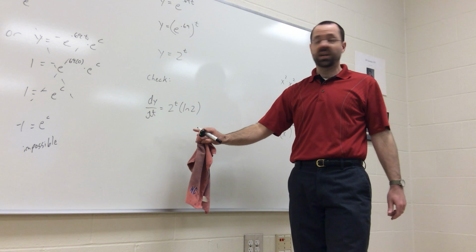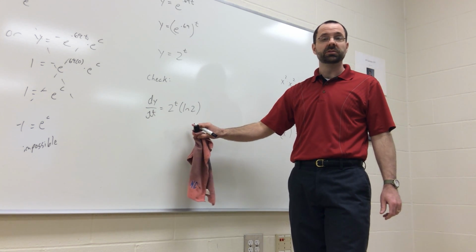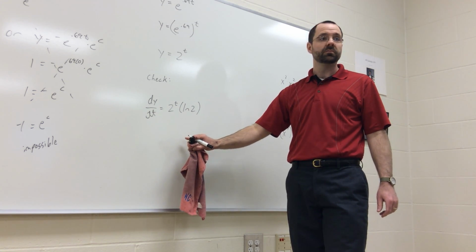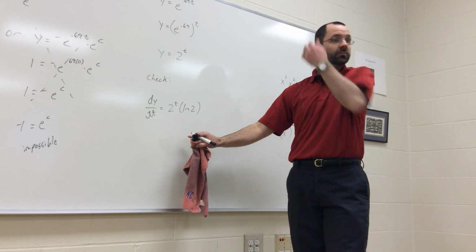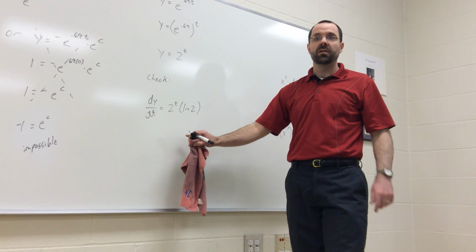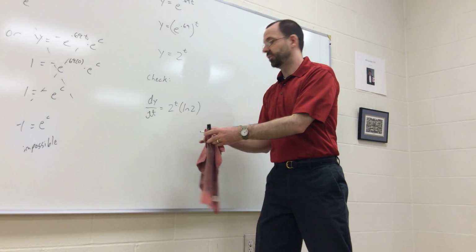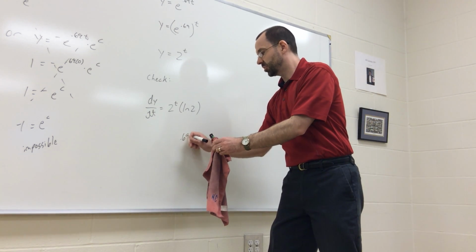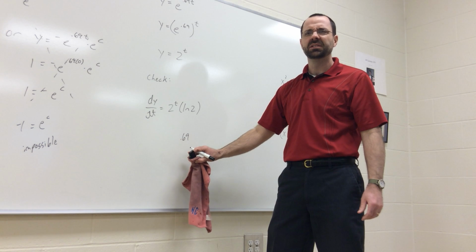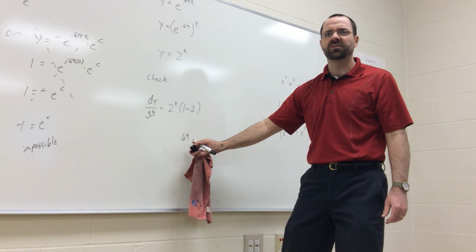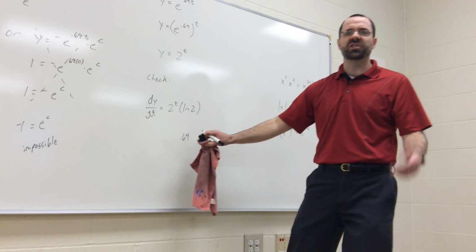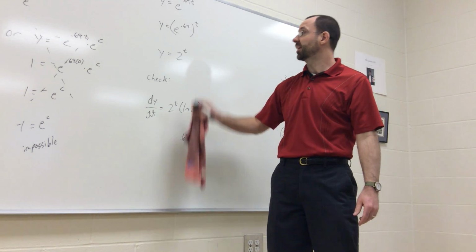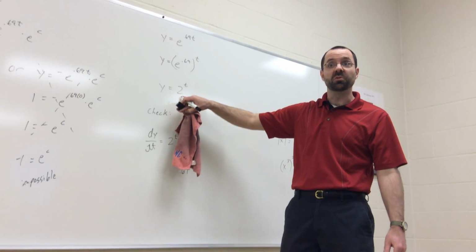Okay, so now, with your calculator, type natural log of 2. It's about 0.69, right? What's the third decimal place? 3? What's after that? 5 or 1? Okay, so I could use 0.6931 and I might get something closer to 2 then, right?